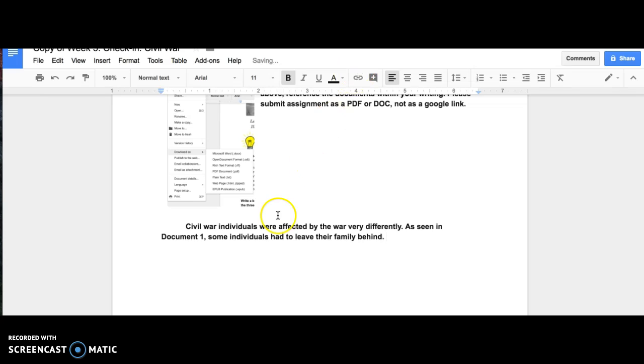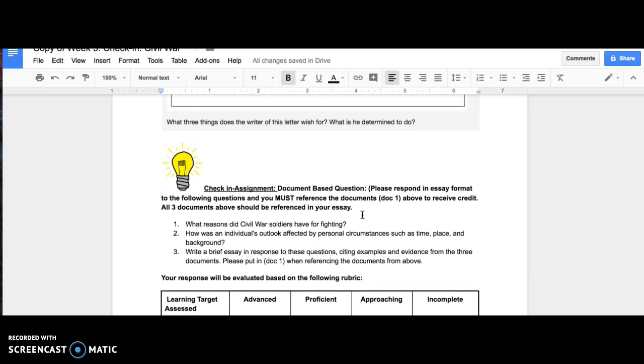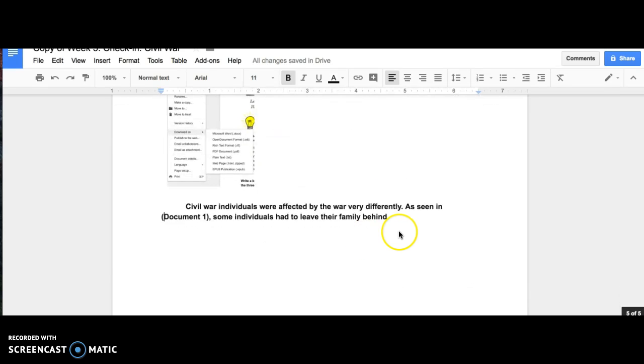See how I am writing it in paragraph format, referencing the document. You could also just put it in parentheses or quotations, and then I'm looking for you to respond. What reasons did the Civil War soldiers have for fighting?